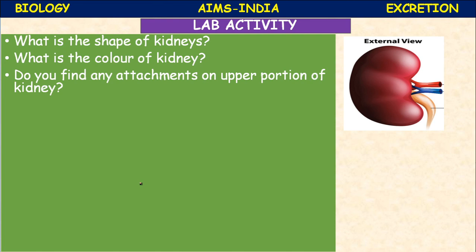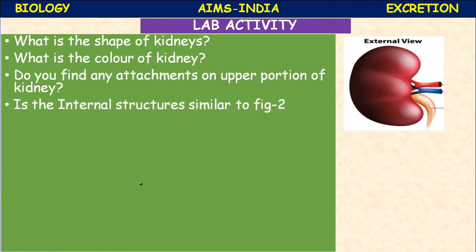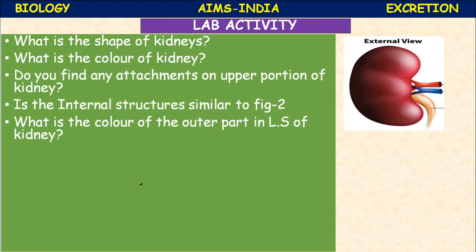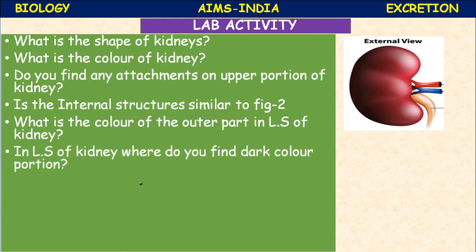Do you find any attachments on the upper portion of the kidney? Yes, there is an adrenal gland which is attached to the upper portion of the kidney. Is the internal structure similar to the figure given beside? Yes. What is the color of the outer part of the longitudinal section of kidney? It is somewhat light red in color.